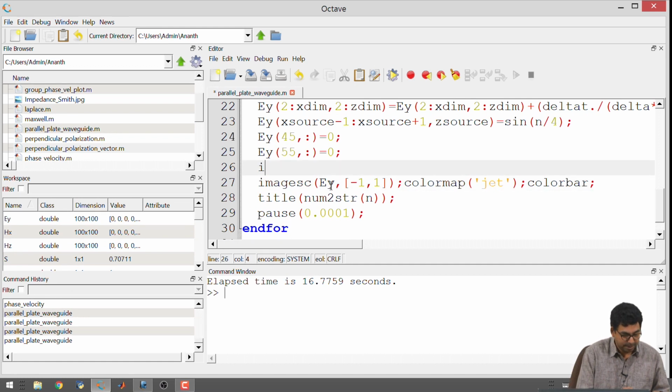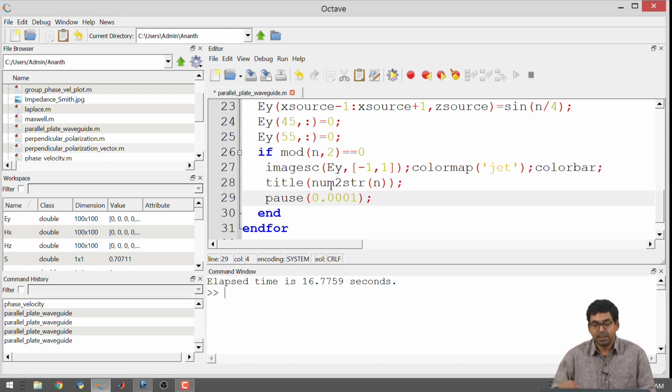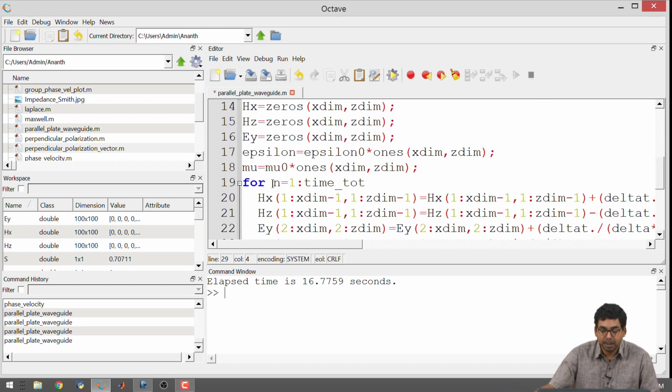I am going to say that if n modulo 2, where n is the time loop that we are considering, n is equal to 1 to time total. If n is divisible by 2, I am making a plot. That means for every 2 time steps I will get 1 plot. That way at least I can have a faster execution of this code.